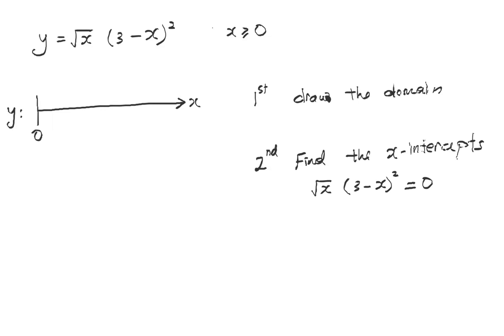So square root of x equal to 0, so x equal to 0. This is one of the x-intercepts. And 3 minus x squared equal to 0, which means that 3 minus x is 0. If not, the square won't be 0. So what is the value of our x? 3. So we mark these two x-intercepts on our sign diagram, the line. The 0 is there already, so I mark down the 3.